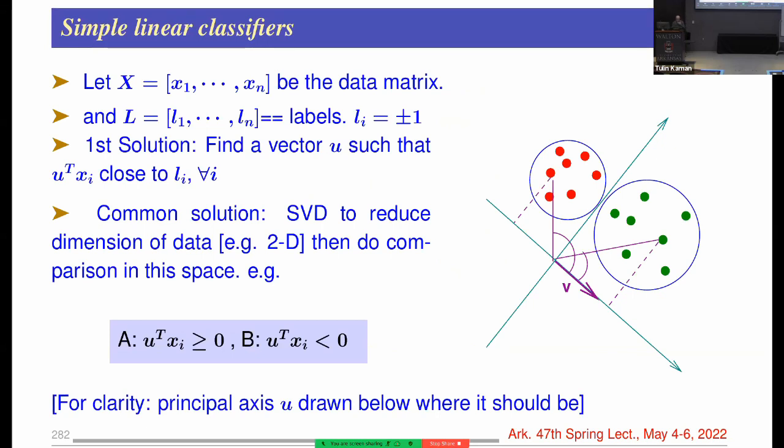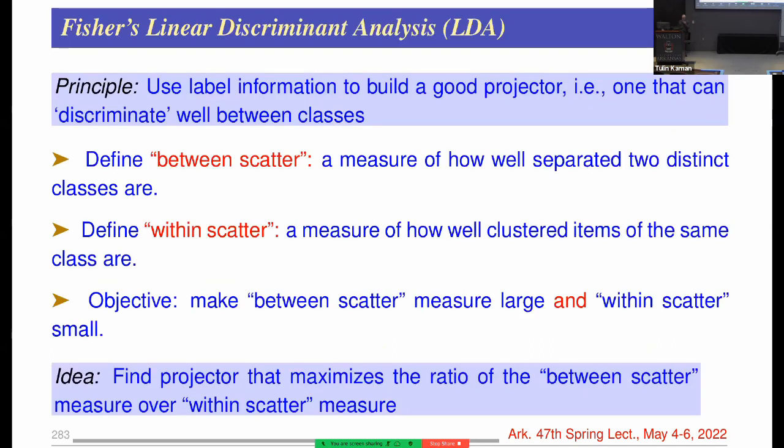These simple linear classifiers are based, again, on hyperplanes. You select a certain vector u, and when u transpose xi is positive, it's one class. When it's negative, it's the other class. That's quite straightforward. A method in this category is the Fisher linear discriminant analysis, which is an old method used for a lot of different things.